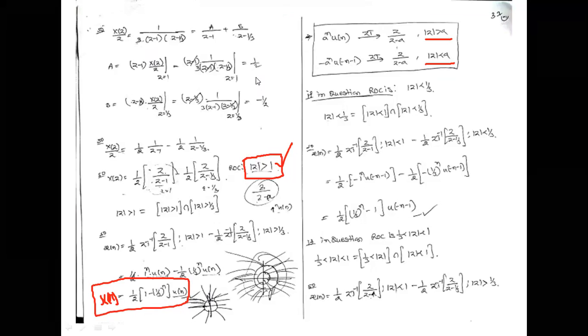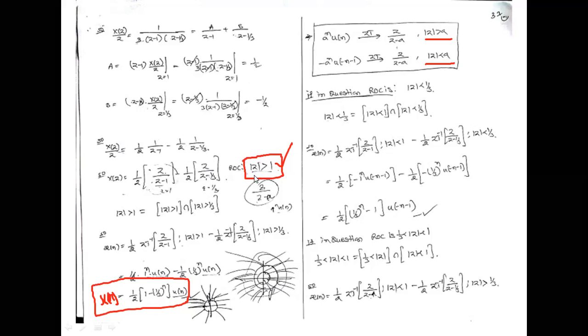So in this function, we substitute A equal to 1 by 2 that we got, and B equal to minus 1 by 2, and X of z by z is equal to 1 by 2 by 1 minus z minus 1, minus 1 by 2 into 1 by z minus 1 by 3.